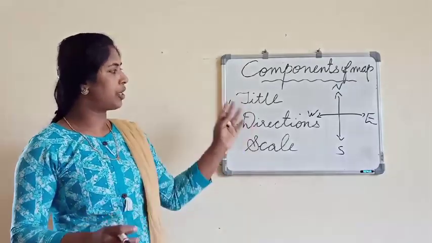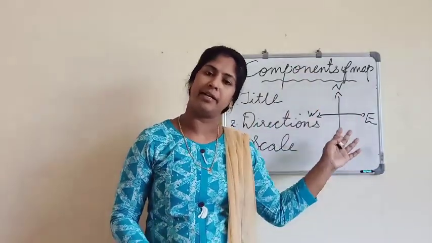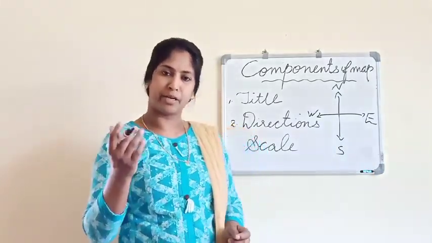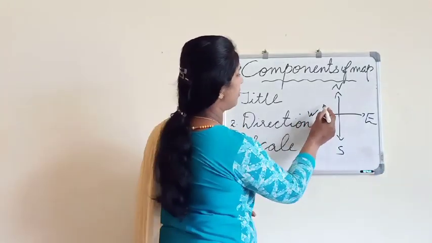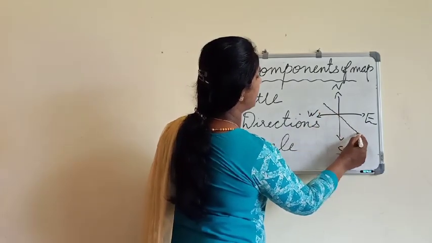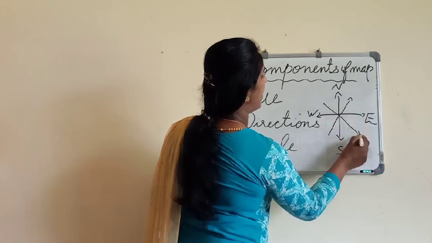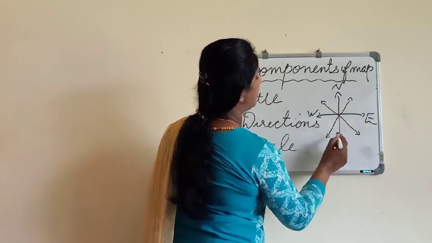Once you have made the cardinal points, you can easily make the intermediate directions. You have to make two lines like this, then arrow marks.